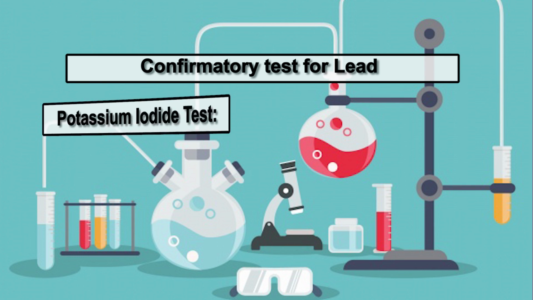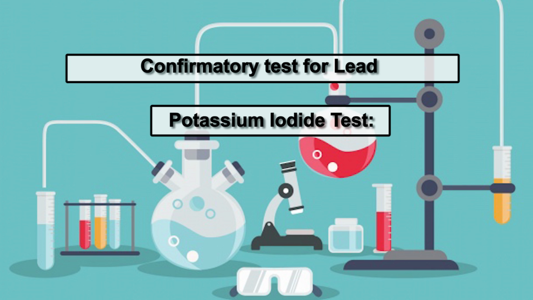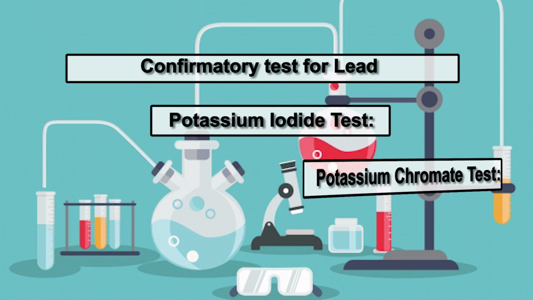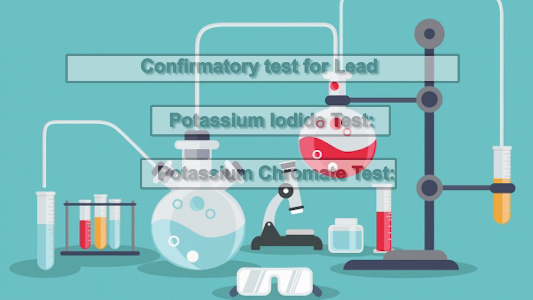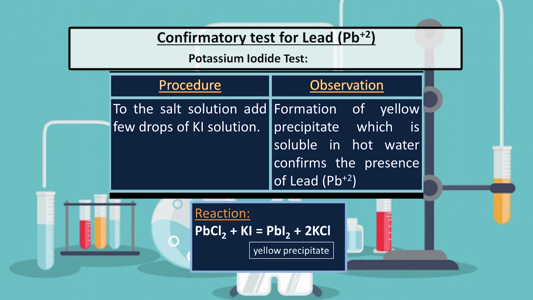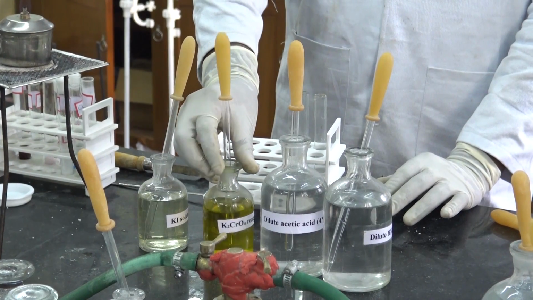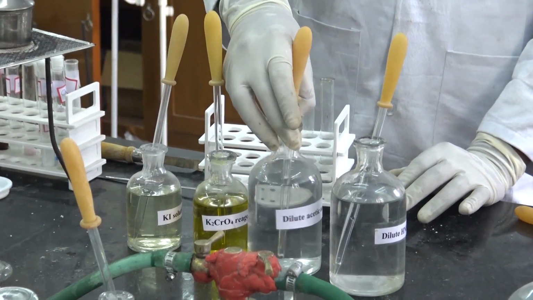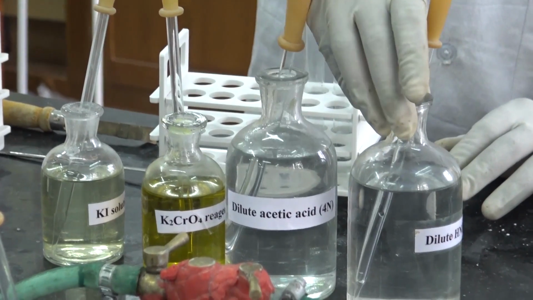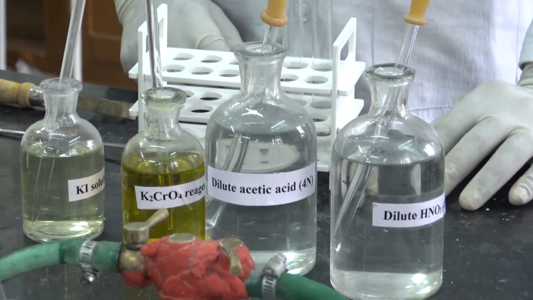First is the potassium iodide test, and for this test we need potassium iodide and sample solution. And for the other test, that is the potassium chromate test, we need potassium chromate, dilute H2SO4, dilute acetic acid, and dilute HNO3.